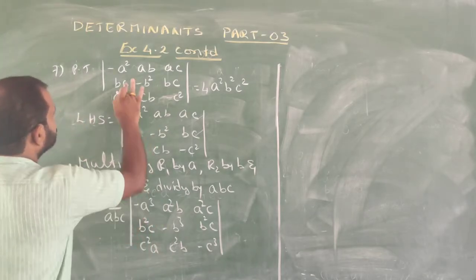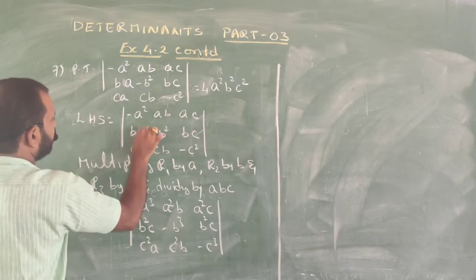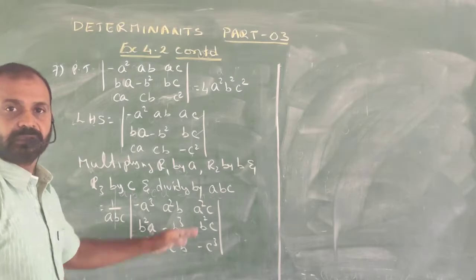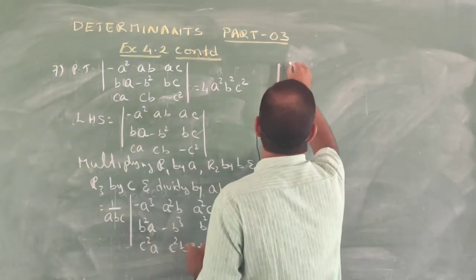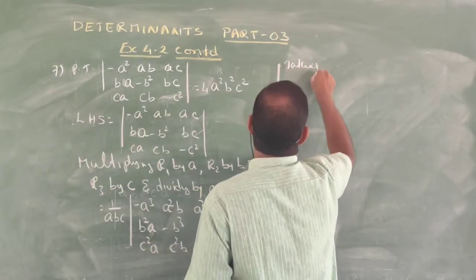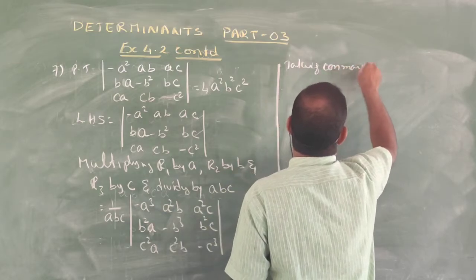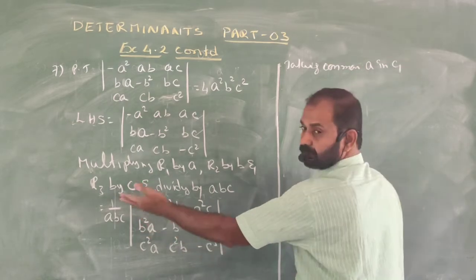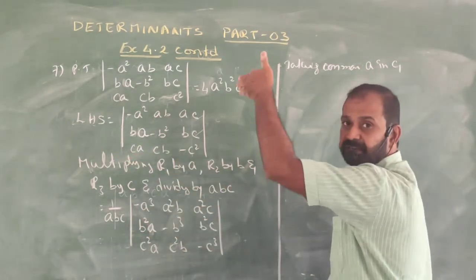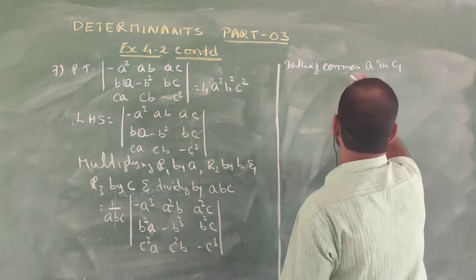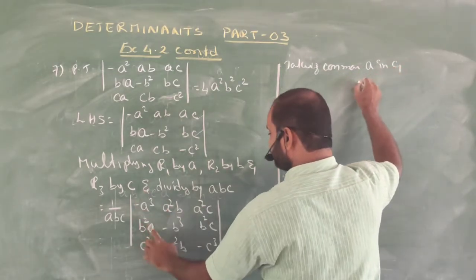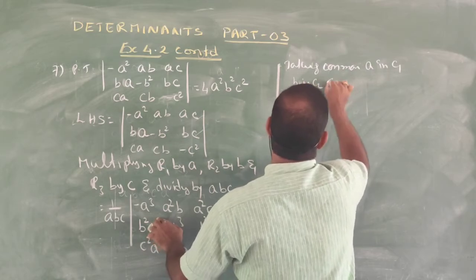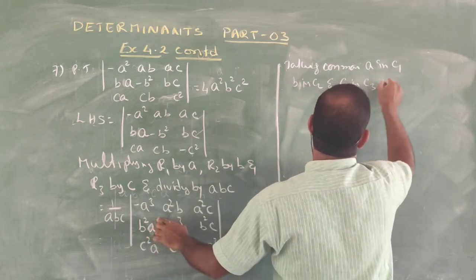That is, taking common a in C1. Now multiplying rows, taking common in columns. Taking common a in C1, b in C2 and c in C3.